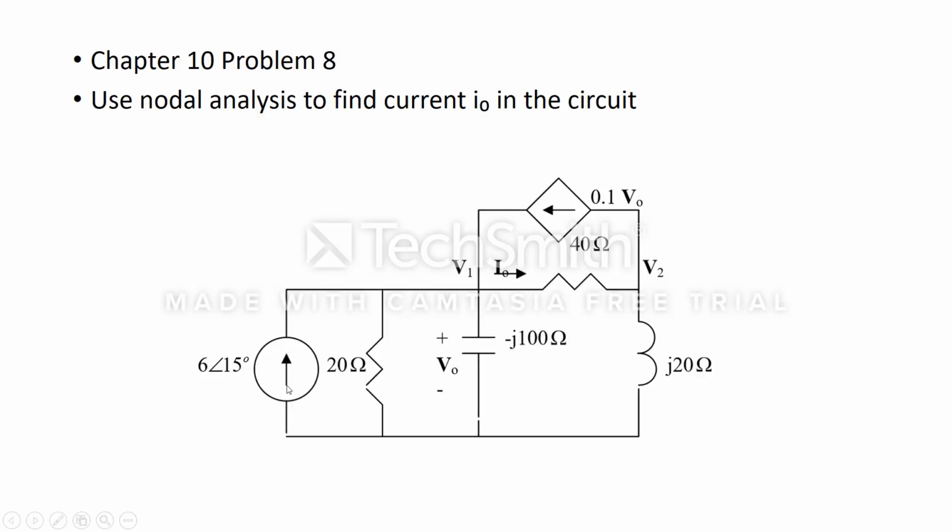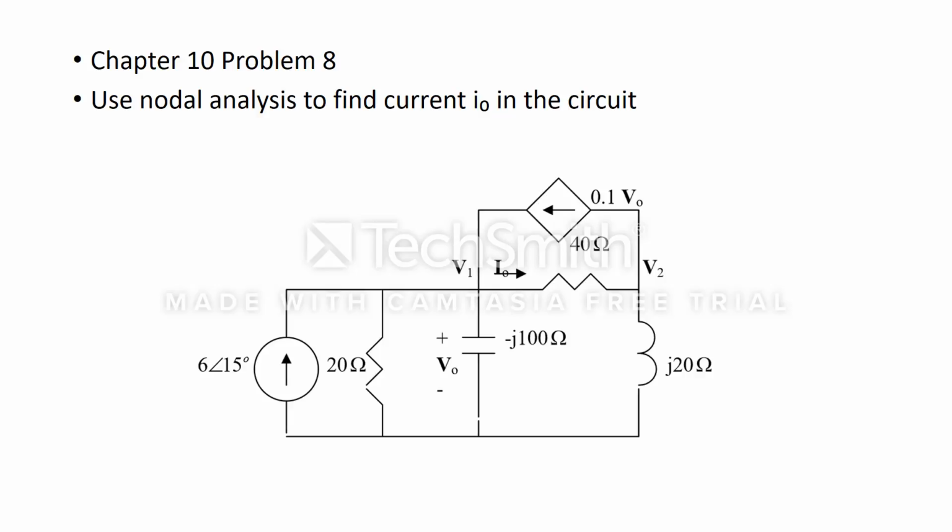As we can see, we have a current source over here, a resistance over here, a capacitor over here, an inductor over here, and these are nodes where the potential across this node is just V1, and in this node it's V2, and there is a current dependent voltage source, and I also forgot to mention that here's a resistor of about 40 ohms.